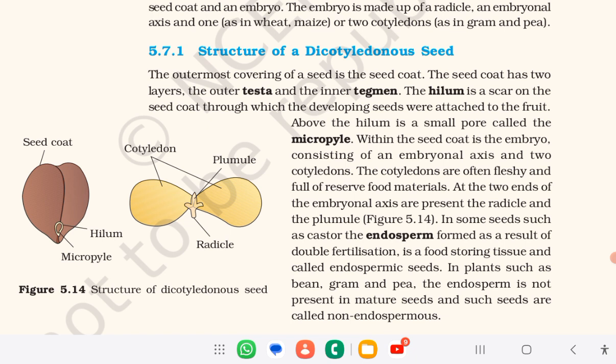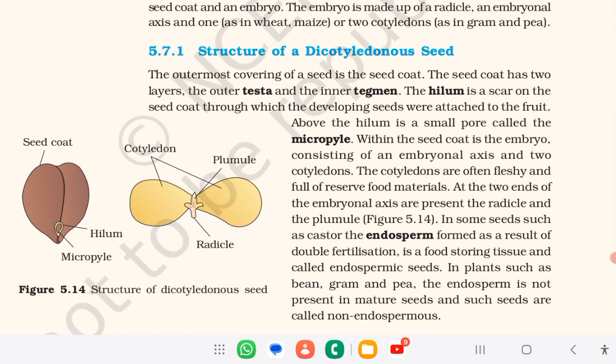The hilum is a scar on the seed coat through which the developing seeds were attached to the fruit. Above the hilum is a small pore called the micropyle.